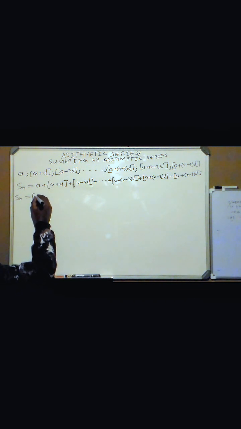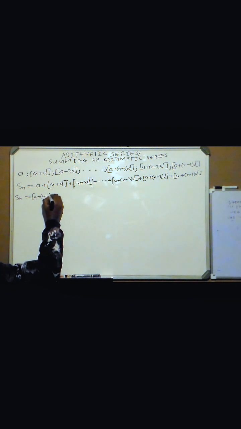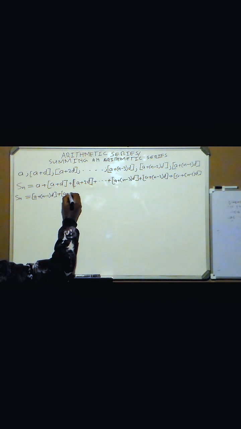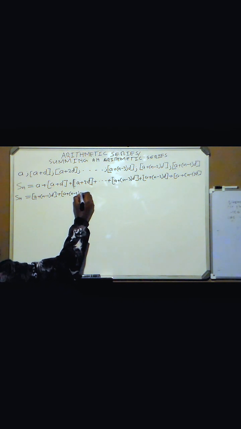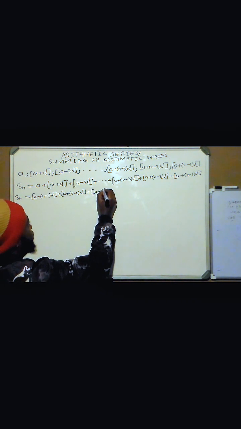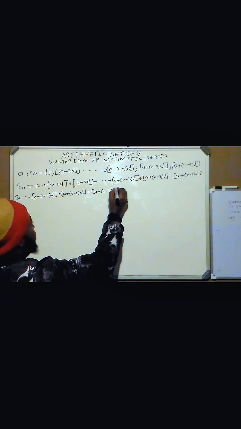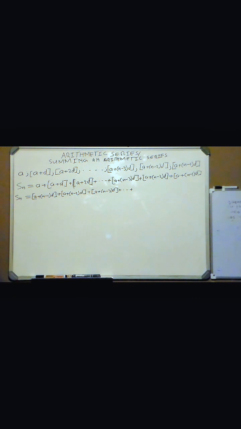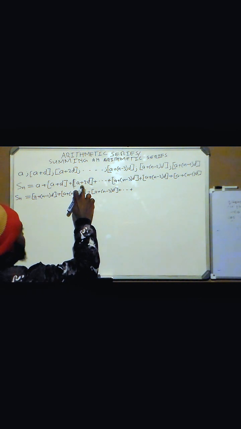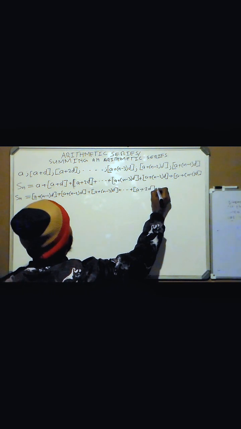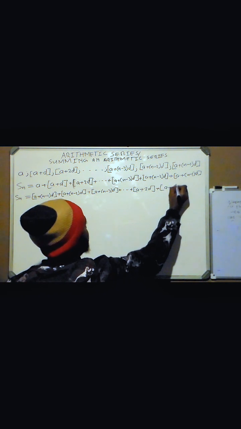So this would be a plus n minus 1 multiplied by the common difference d plus a plus n minus 2 multiplied by d plus a plus n minus 3 multiplied by d plus all the way to the first 3 terms of the series, starting with this term. So this will be a plus 2d plus a plus d plus a, right?